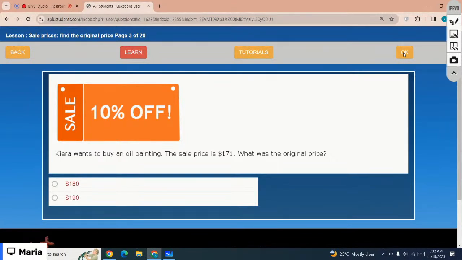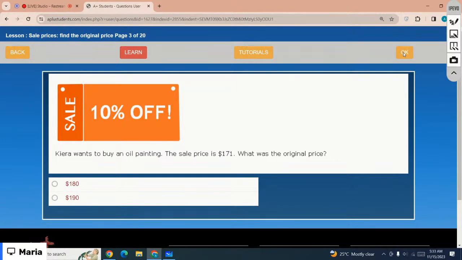What was the original price? So, which is the correct option?